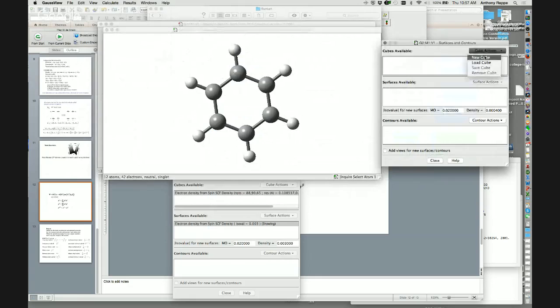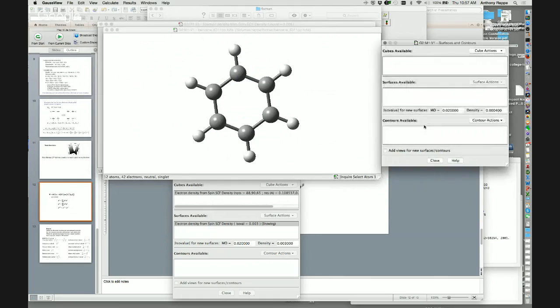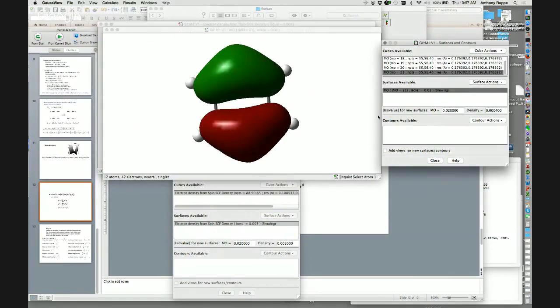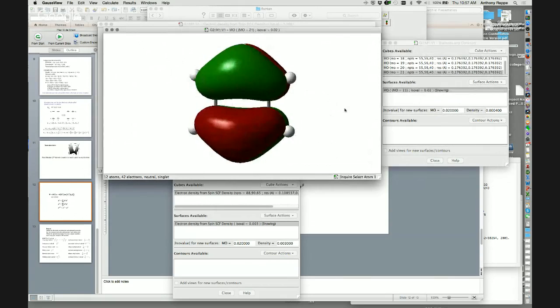I'm going to generate some of the molecular orbitals of benzene, and this is the highest occupied molecular orbital of benzene.